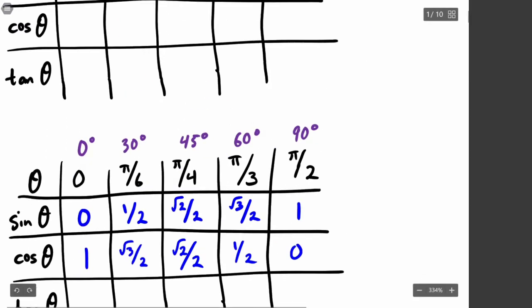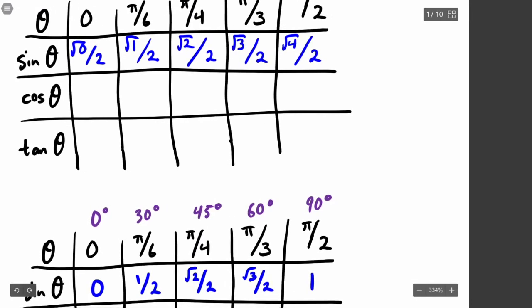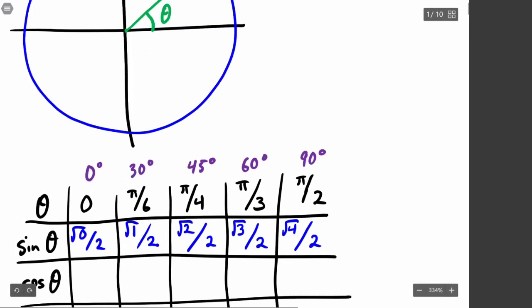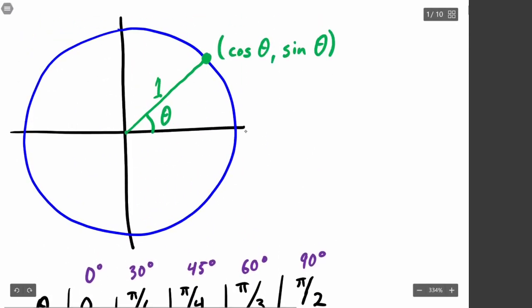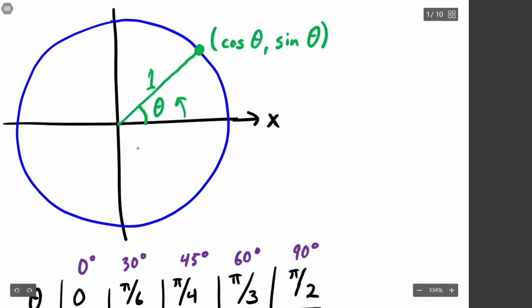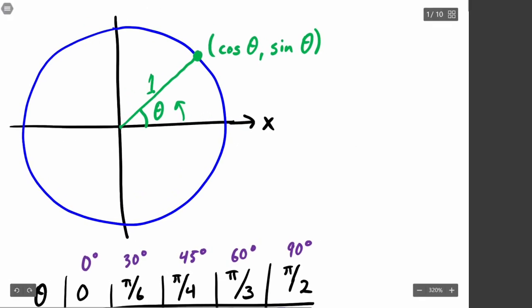And again, keep in mind these angles, they measure in the counterclockwise direction. So they start here on the positive x-axis, and the angles are always moving this way, so counterclockwise. If we move clockwise around the circle, we get negative values of theta, which are perfectly acceptable. We can use those. Just, keep in mind what the positive direction is here.